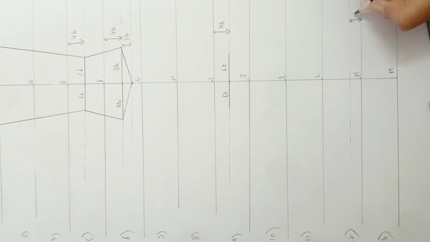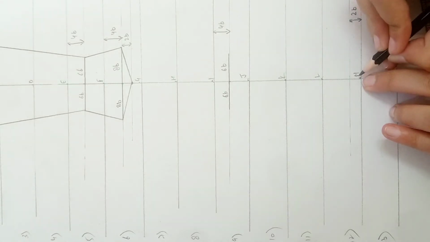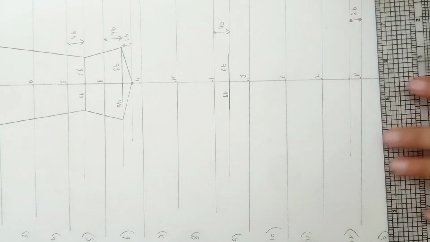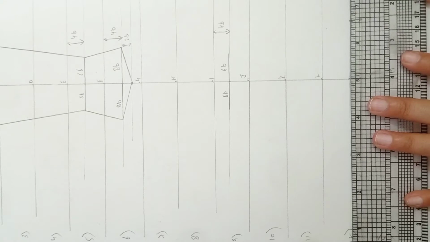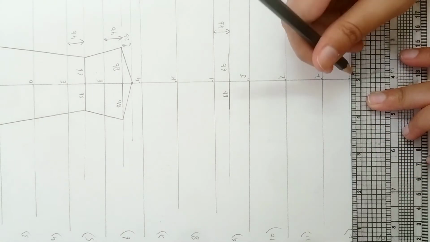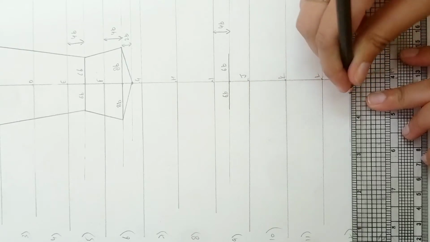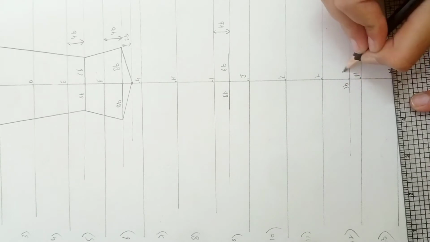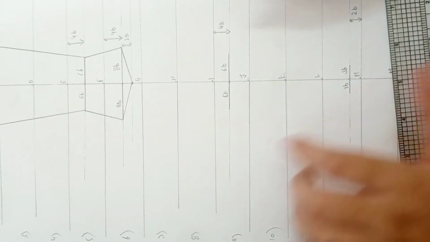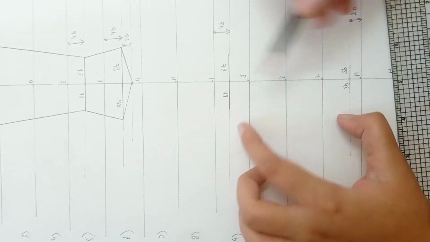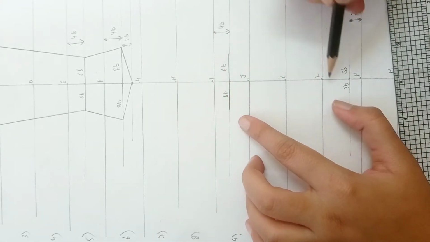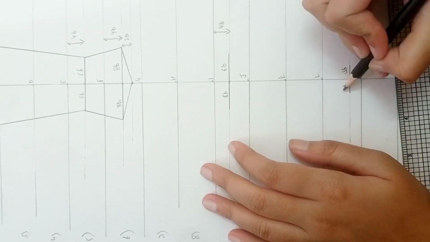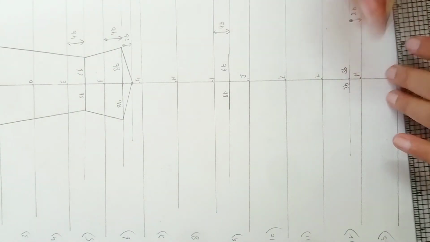This is 2 blocks. 2 blocks above M we have to mark a point, and putting your scale at this point, mark 3 blocks, 1 2 and 3, 1 2 and 3. We can also say that it is the knee's half. The knee is total 12, right, and this is total 6. So we have to keep the ankle point at half of the knee.